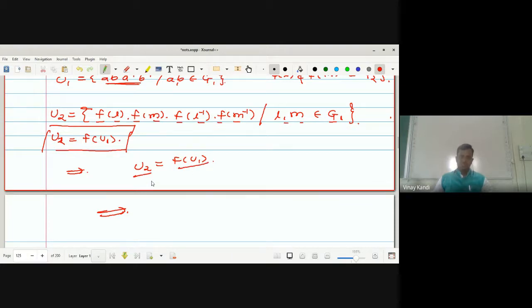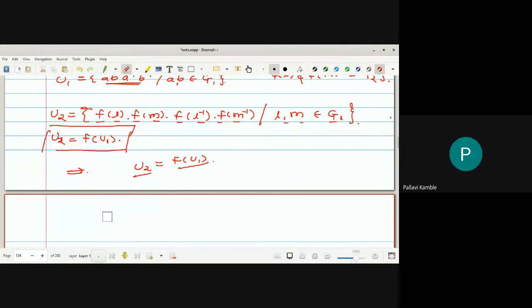So the smallest group containing U2 is nothing but the derived subgroup of G2. The smallest subgroup of both, what will come here? f of G1 dash. Is it correct?